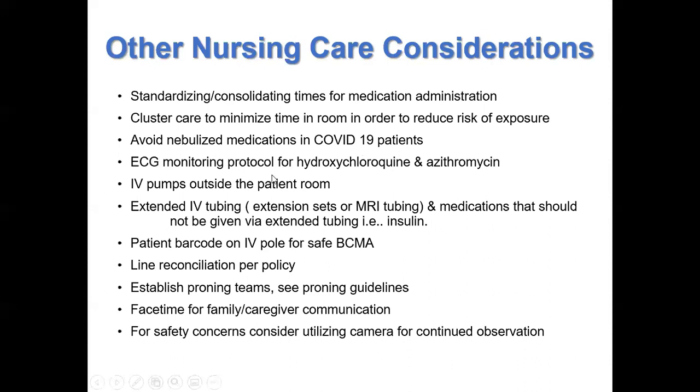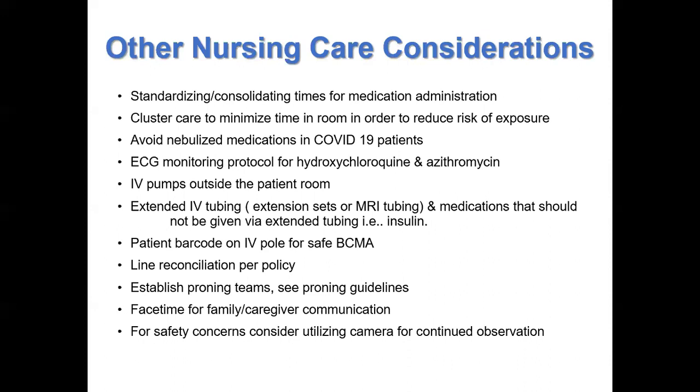Use an IV pump outside the patient room or extended IV tubing, keeping in mind medications that should not be given by extended tubing, like insulin. Scan the patient barcode on the IV pole for safety, right? So recognize your patient and do not make any kind of error.